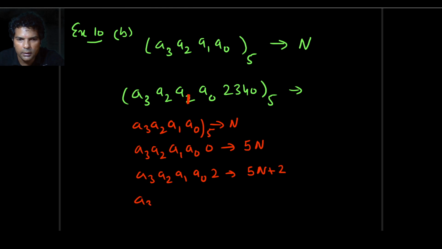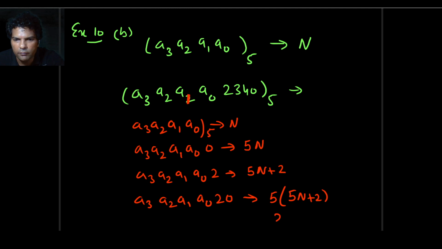Now A3, A2, A1, A0, 2, 0 is 5 multiplied by 5N plus 2, so that is 25N plus 10.